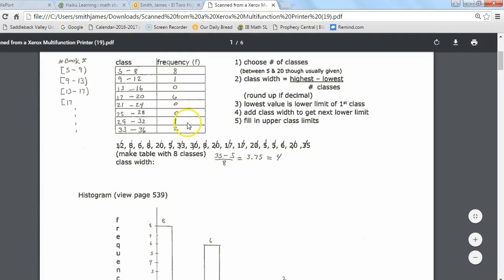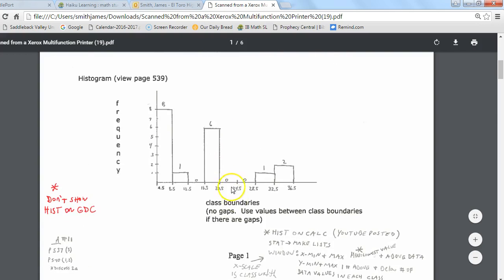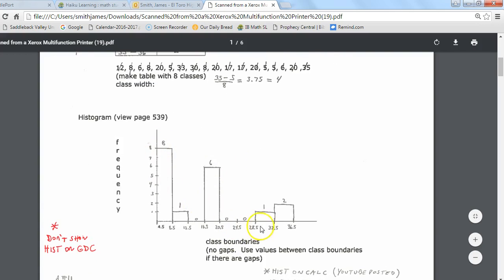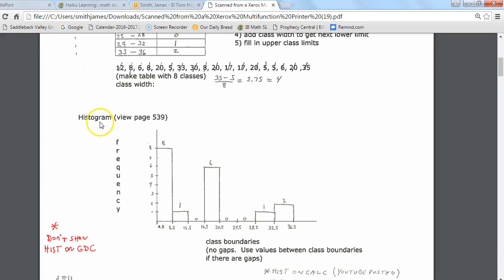For frequency tables, there is a special kind of graph that goes with them, and you've probably seen this before, but this is called a histogram, otherwise known sometimes as a bar chart or a bar graph, but the official name for it is a histogram. Be familiar with this. You're going to see a question on the test that asks you to make a histogram.